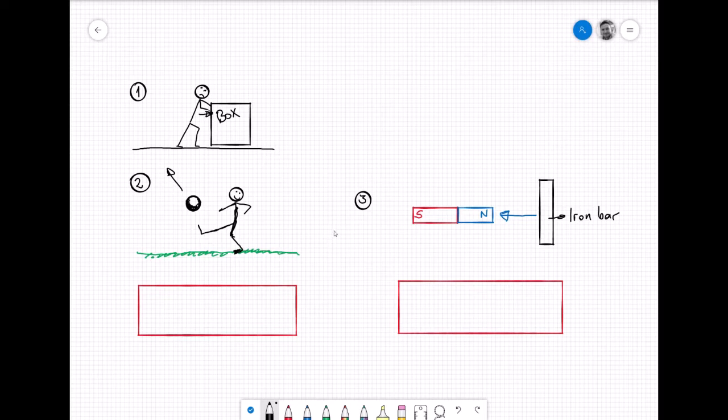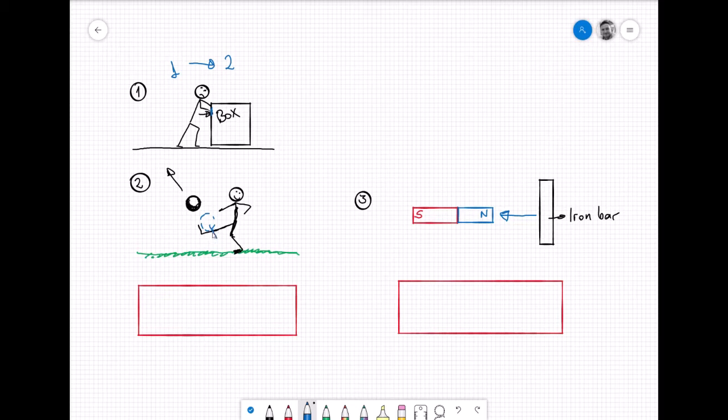For example, in the first two examples, the force is conducted from one system to another via direct contact. Similarly, in the second example, again the force is conducted via direct contact because at the very moment of the kick, the ball and the foot of the goalkeeper were in contact.